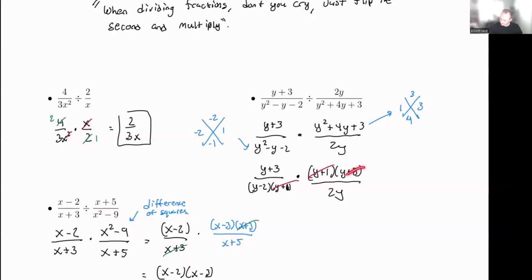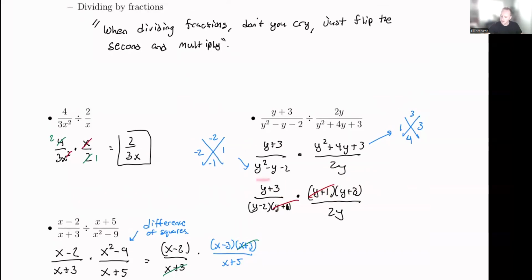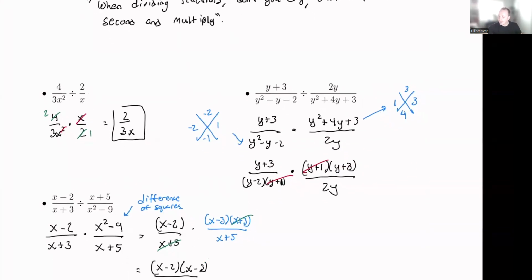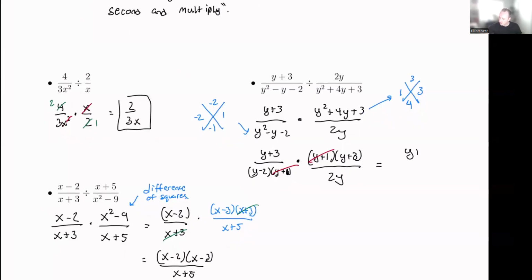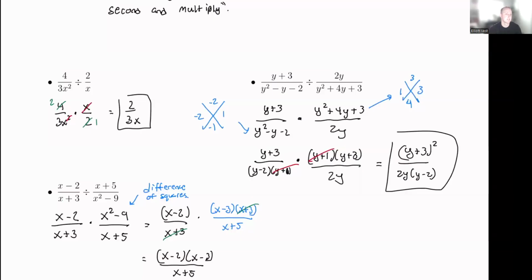Do these cancel? No, they don't, because they're both on the numerator. If you have one on the numerator and one on the denominator, they balance each other out and you can cancel them both. But both on the numerator, we don't have that. But it's the same factor twice, so I can just call this y plus 3 squared. And the denominator, I have my 2y and my y minus 2. Or I could have just left it y minus 2 times 2y, but I like to order these factored parts last.